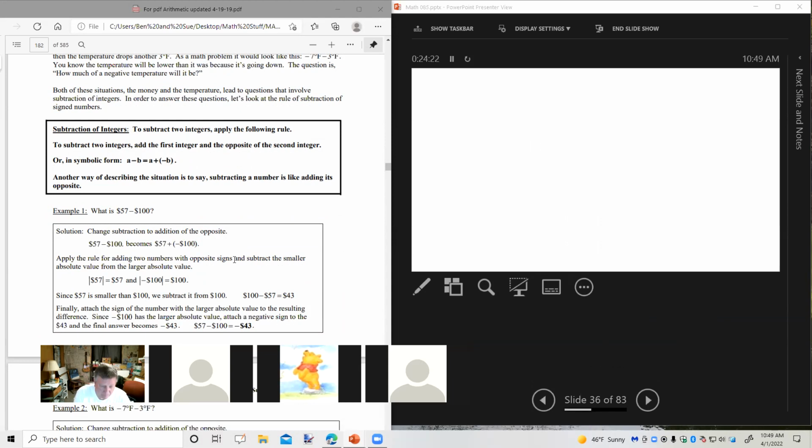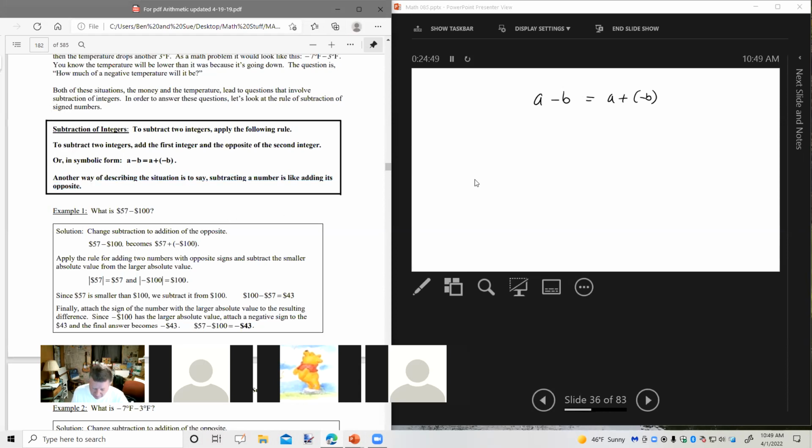Or in symbolic form, a minus b equals a plus the opposite of b. Or another way of describing it is to say, subtracting a number is like adding its opposite. Let me highlight that for a minute. Subtracting a number is like adding its opposite.